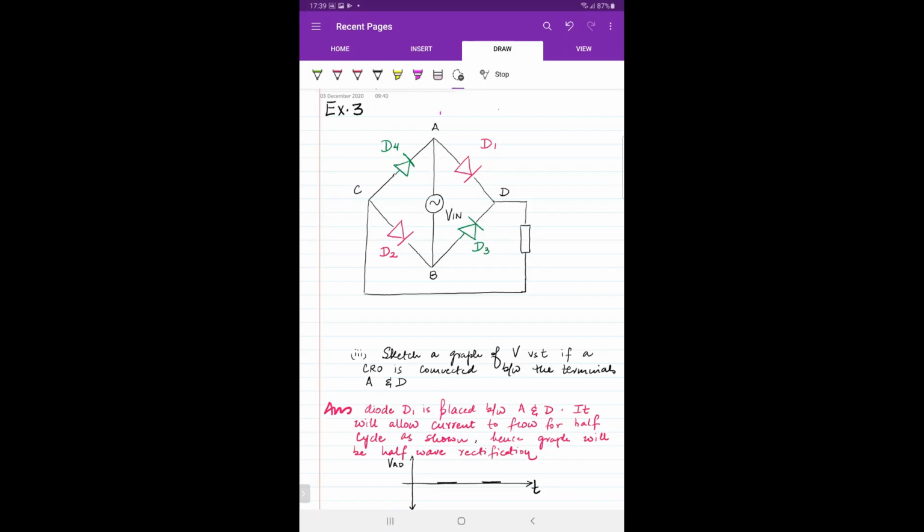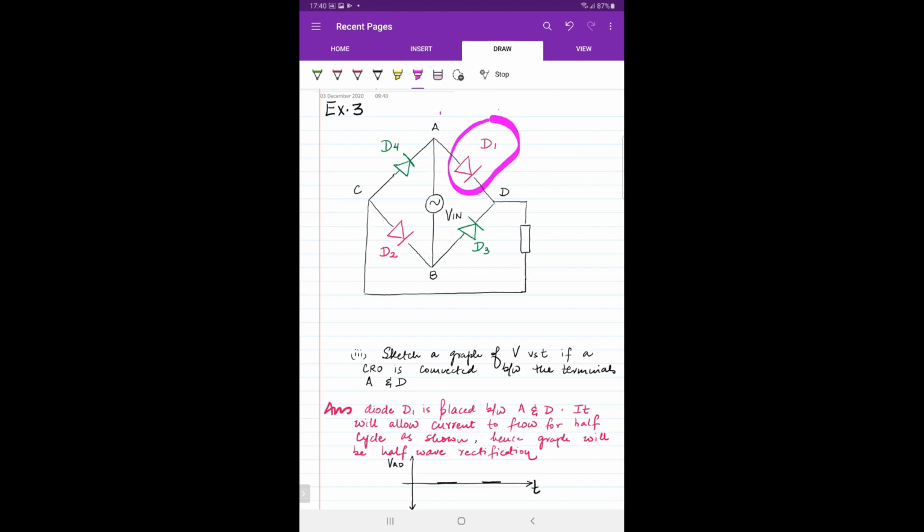Sketch a graph for voltage against time if a CRO is connected between the terminals A and D. Okay, so what that means is that a CRO is now connected across the diode labeled as D1. ठीक है? So how would the shape look like? पहले wordings देख लेना.